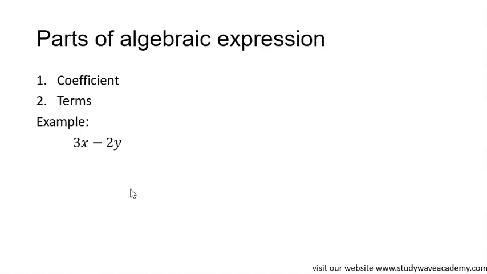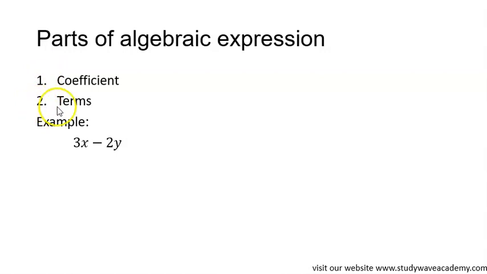So next we're going to be looking at parts of algebraic expression, okay? We have the coefficients and terms, okay? The coefficients are numerical factors in an expression. And the terms, they are parts separated by addition or subtraction, okay?